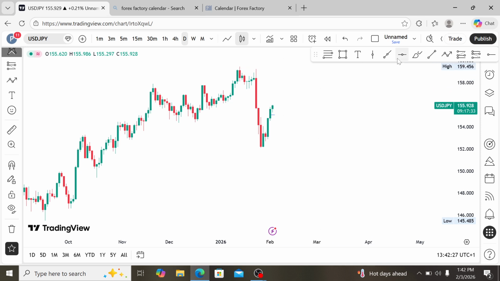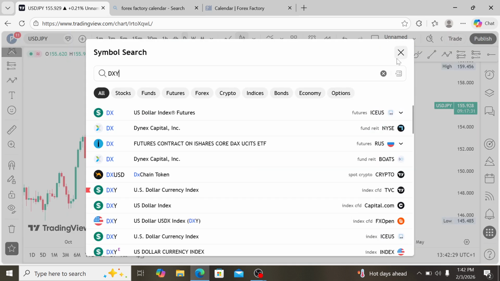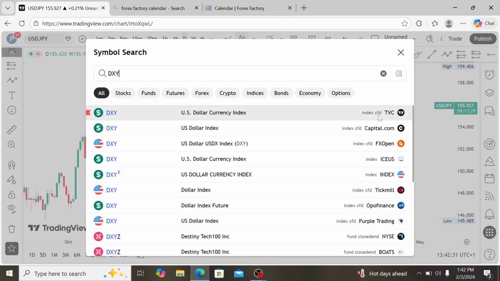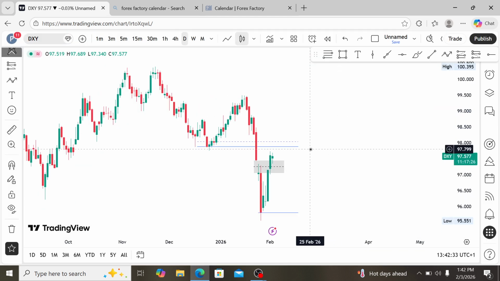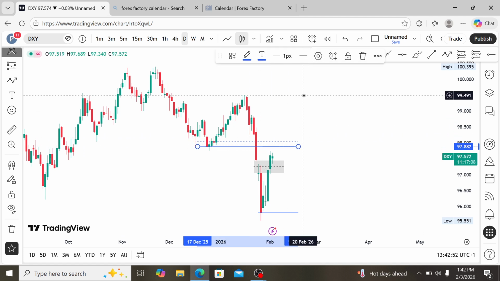But then, according to the analysis, I said earlier I had two sentiments, which is bullish and bearish. If peradventure DXY does not come back to the main threshold of this candle and then goes up into this bearish breaker, I'm going to be waiting for bearish rejections at this level, which is 97.882 to 98.04.